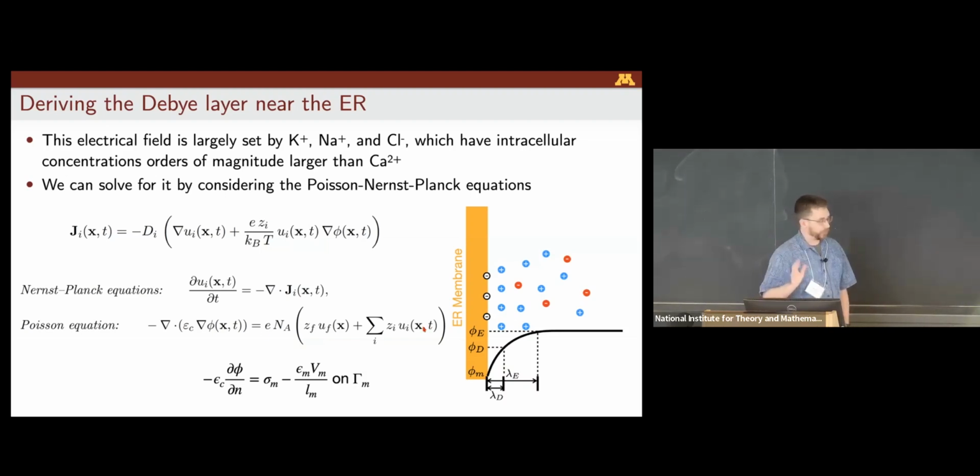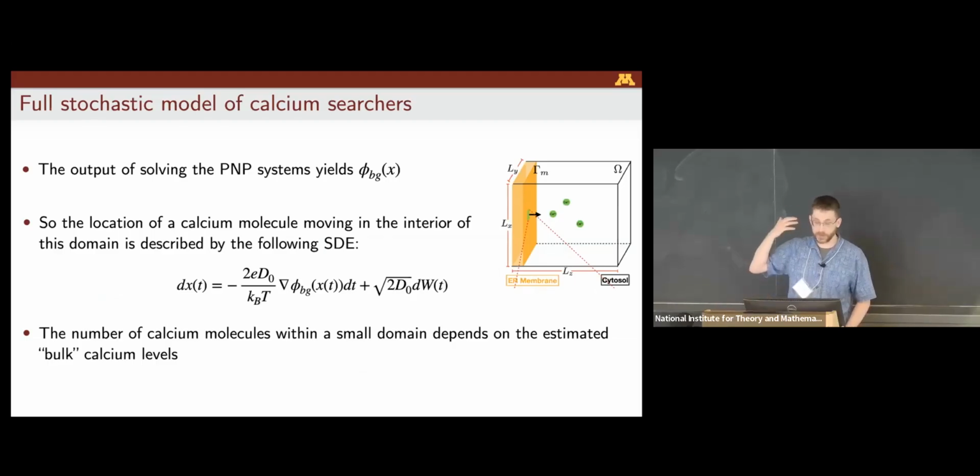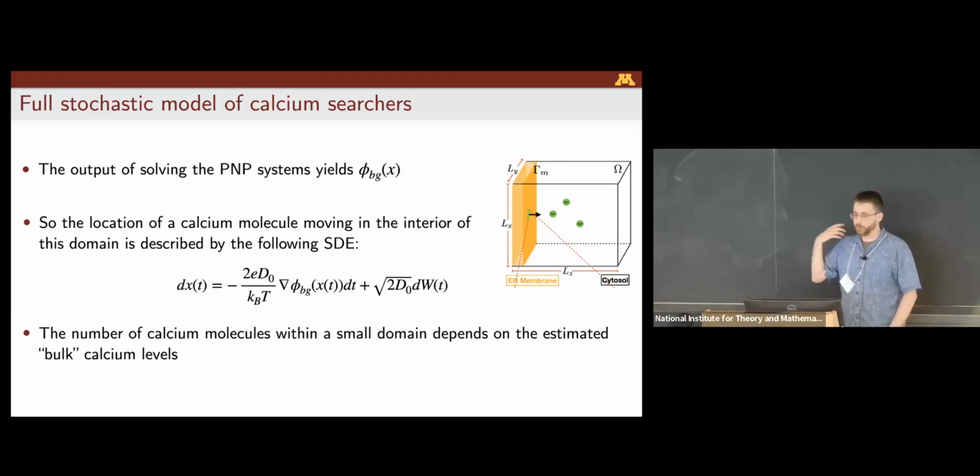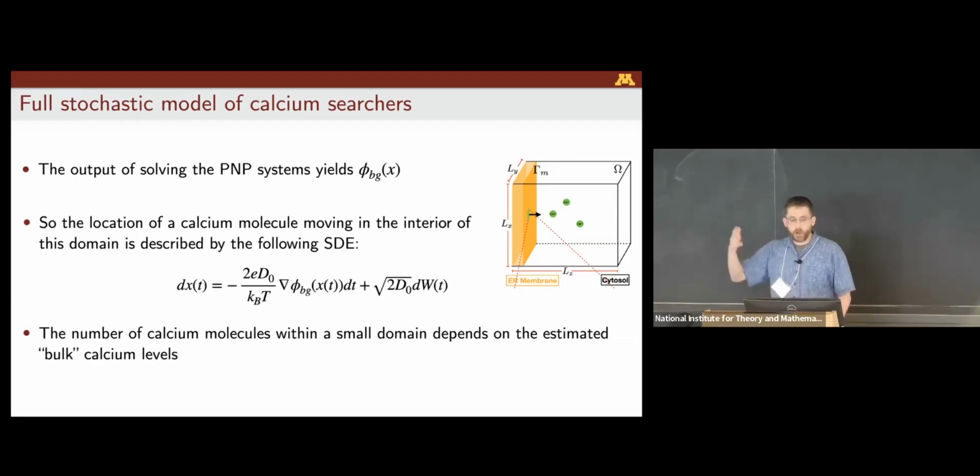I'm not going to focus on that here, because in this talk, I'm basically going to say, now I have this non-trivial drift. So instead of just looking at pure diffusion, I now have this particle diffusing as well as traveling along this electrical gradient. So we have this system here. You can imagine, how do I decide how many calcium molecules are diffusing in my domain?